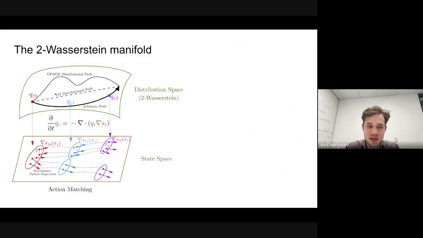Then there is a straight line in this space of distributions, which is the optimal transport. Given this freedom between this point and this curve, we might be able to solve some problems better for generative modeling.